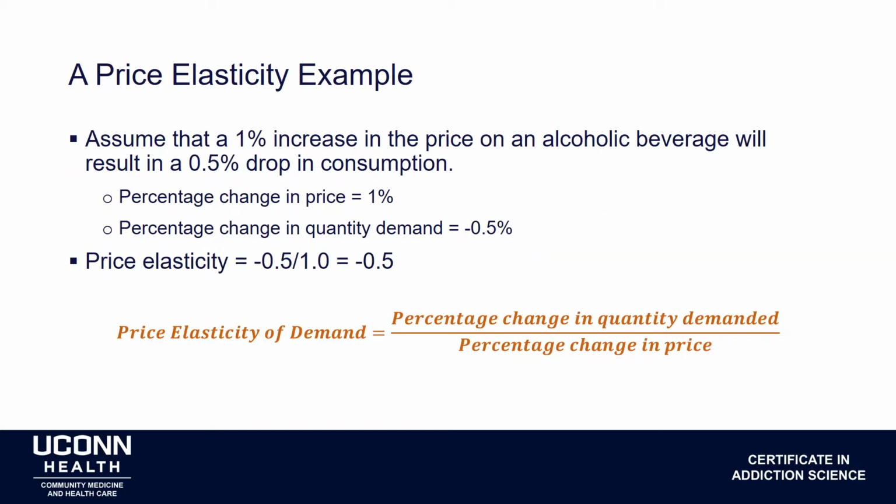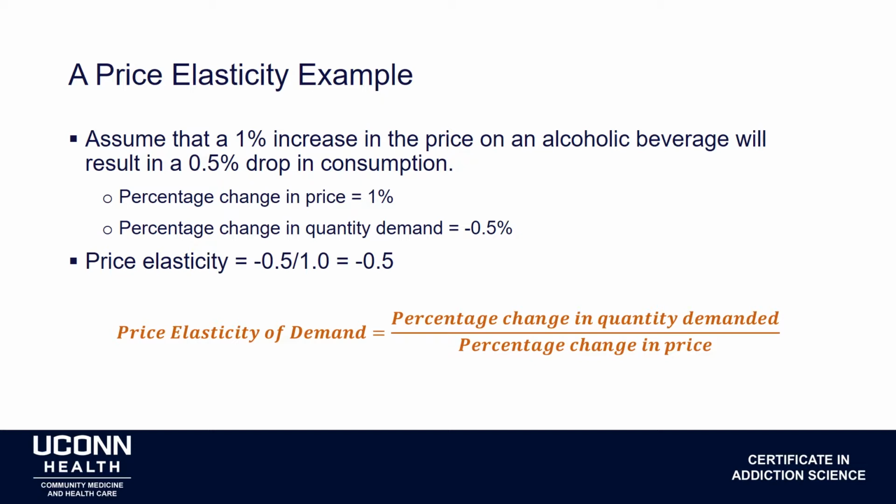So here's a brief example. Let's assume that there's a 1% increase in the price of alcohol, whatever alcoholic beverage there is. If we increase the price of this beverage by 1%, we assume that there is a 0.5% drop in consumption. So our percent change in price is 1%, that's our denominator. Our percent change in the quantity demanded is negative 0.5%, which is our numerator. It's negative because there was a drop in consumption.